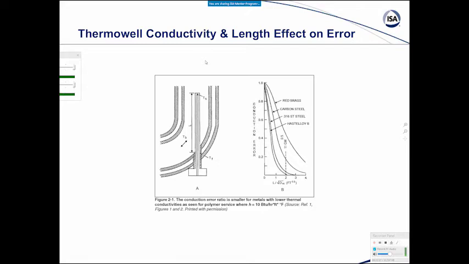And if you have low conductivity material, then there's more of a problem in terms of the conduction error, because what you're seeing is less of the response to the process temperature inside.